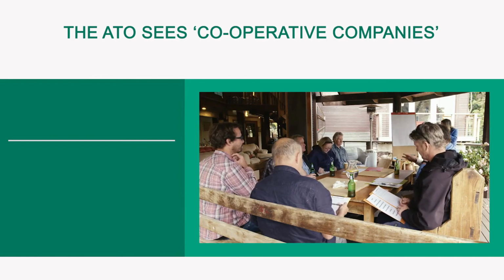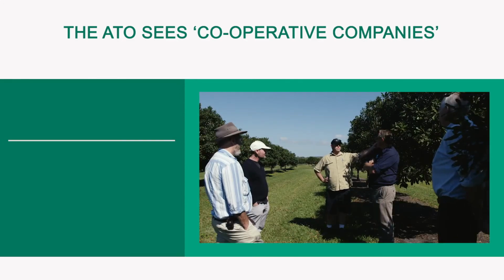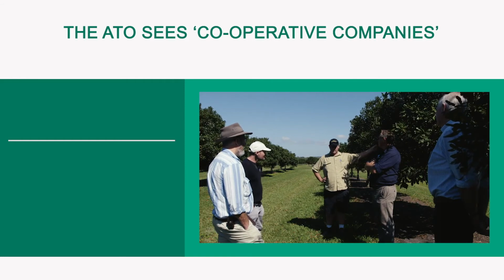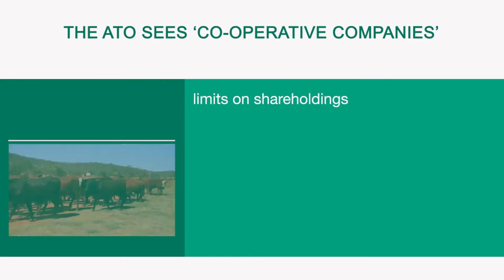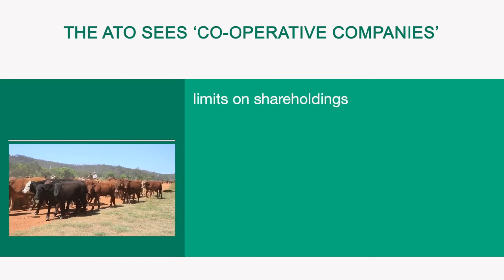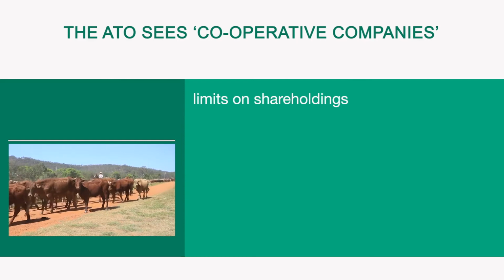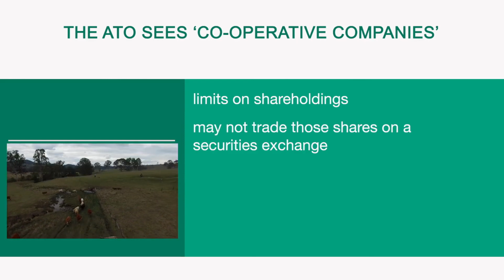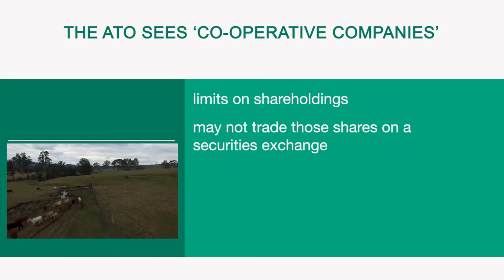This is not a new legal model. It may be a co-op or a company, but for tax purposes, it must have particular characteristics. Cooperative companies are corporations that have limits on shareholdings, which means that an individual shareholder cannot hold a majority of shares in the entity. The shares, which may be traded privately, cannot be traded on a stock exchange.